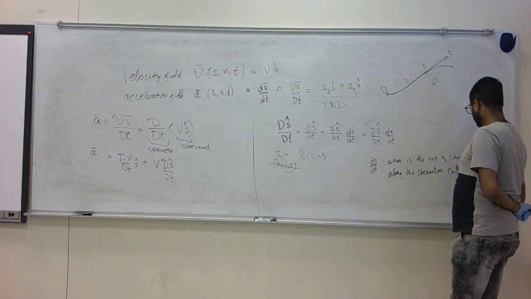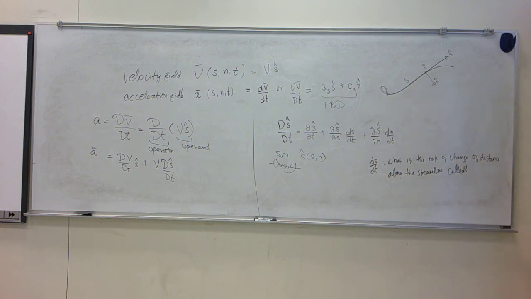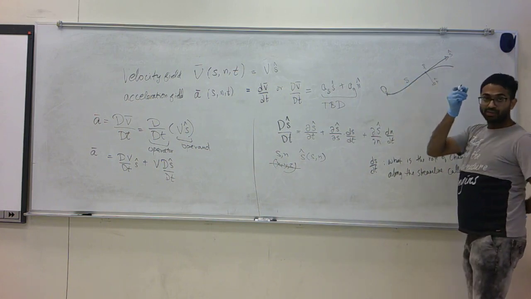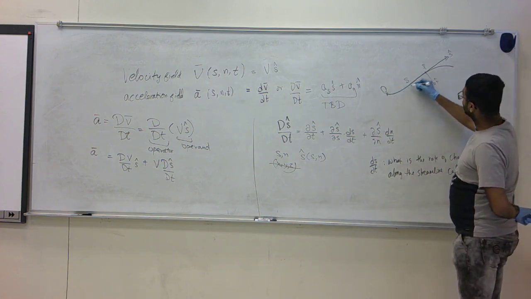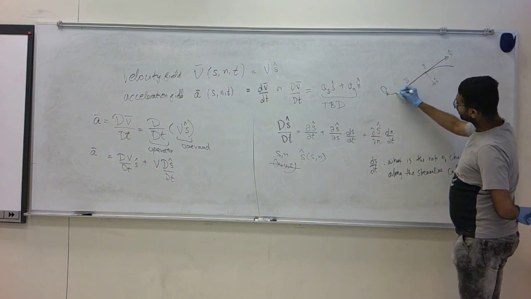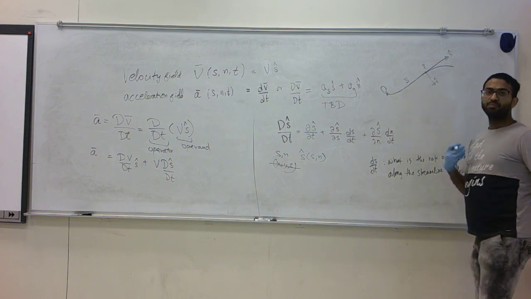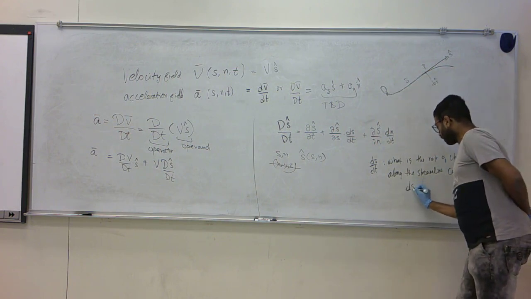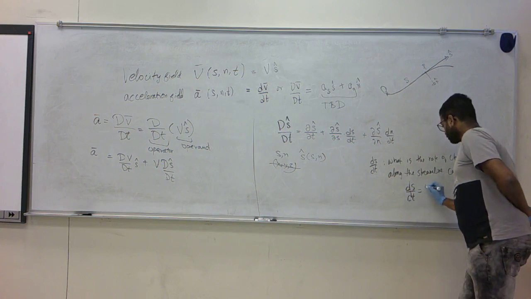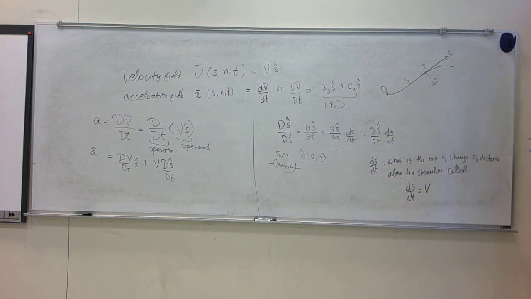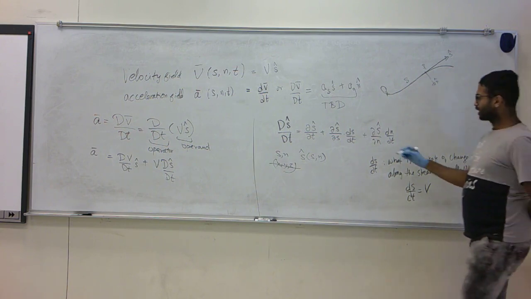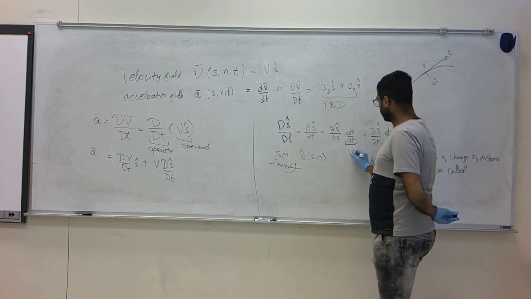That is, if I am a bug, a little insect moving along a thread, the rate at which I traverse this distance would be my speed. So ds over dt would be the speed with which this fluid is traveling at a particular point P. So I can simply write this to be equal to v.